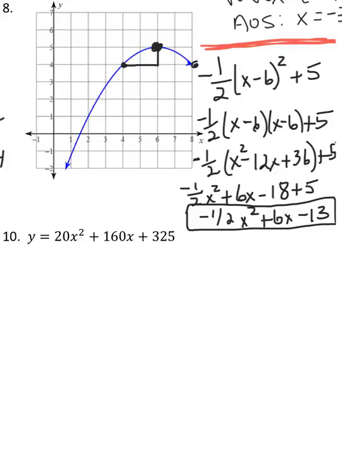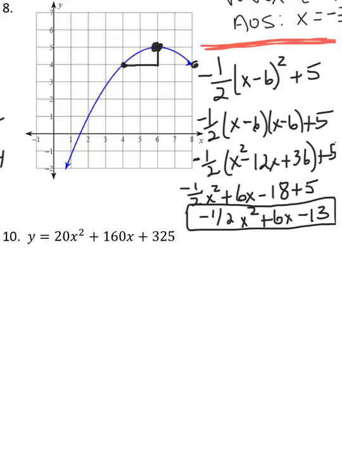You can also substitute in like we did on the homework, where you take one of these points and substitute it into the equation and solve for A. You're still going to find that you get a negative 1/2. Okay, so then we break this apart into its two binomials, FOIL it, and we get x squared minus 12x plus 36.